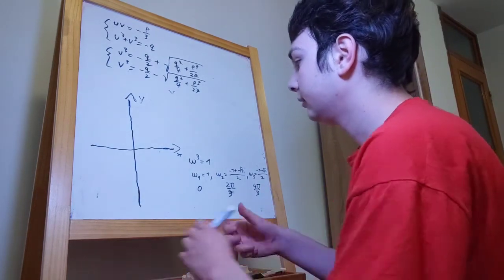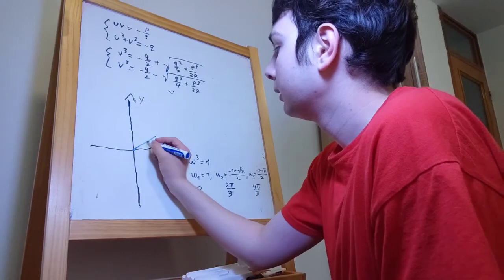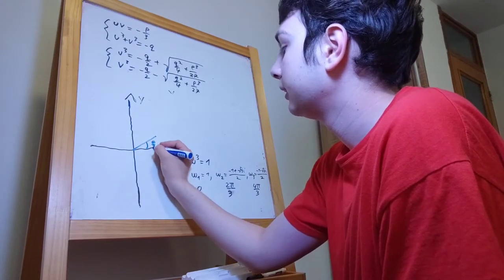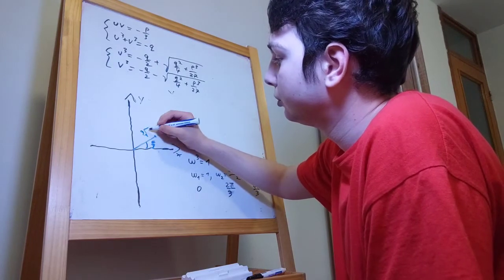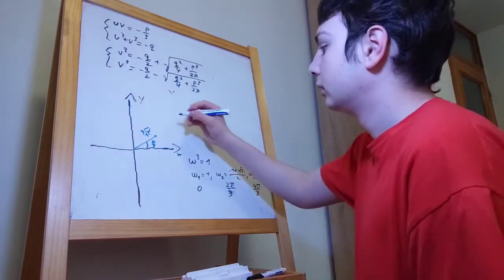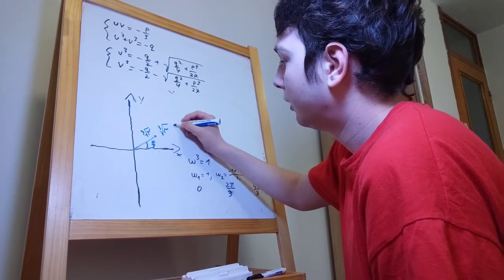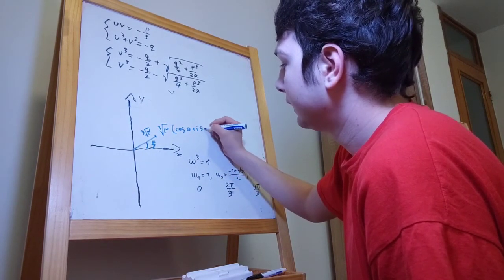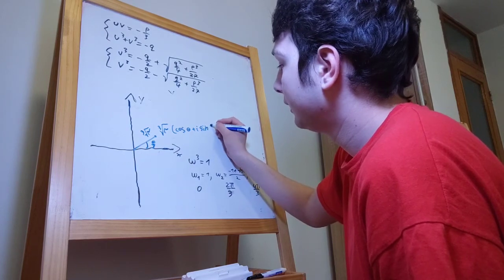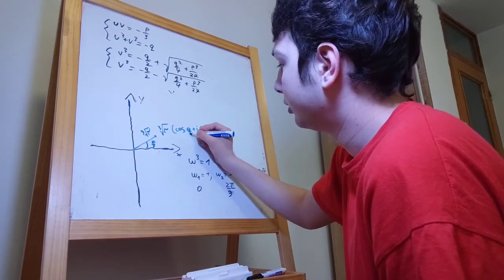So, in the end, the number with argument theta over 3 and the radius cube root of r, we shall write it as cube root of r times cosine of theta over 3 plus I sine of theta over 3.